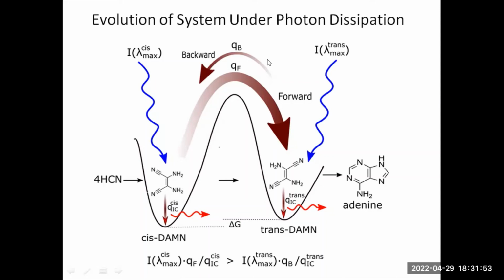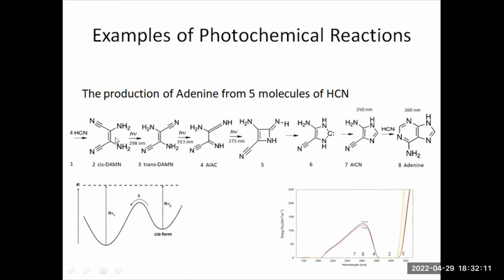And this QB is for the transformation in the backward direction. So you can convince yourself that if this is greater than this, then the system will be more probable to go in the forward direction. So we go on this path here, always in the forward direction.